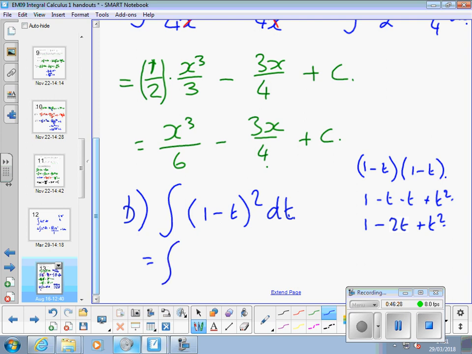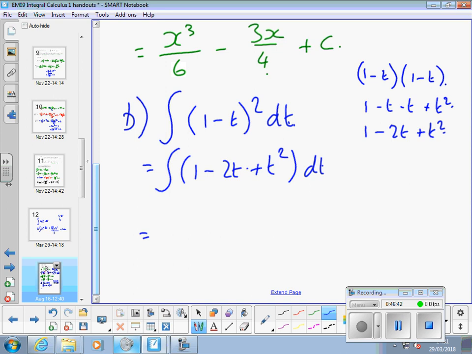The integral of that. The integral of 1 is t, not x, t.